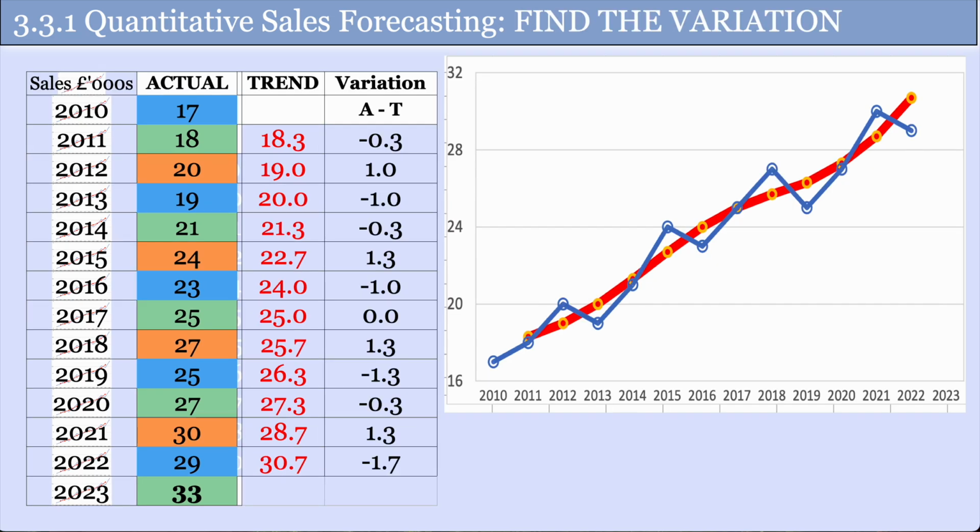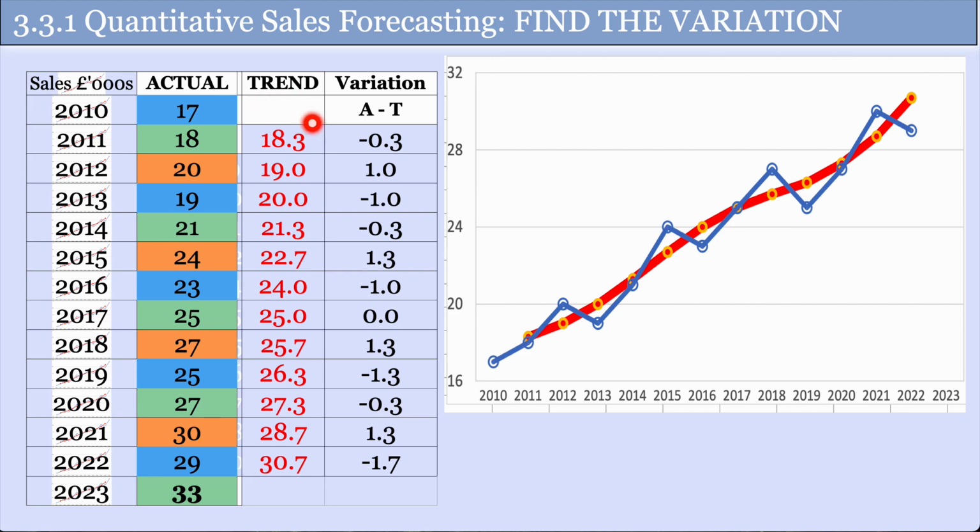So the next part of the game is to work out the variation that's happening in every year. In 2011, hopefully you can see that the actual data is below the trend line.